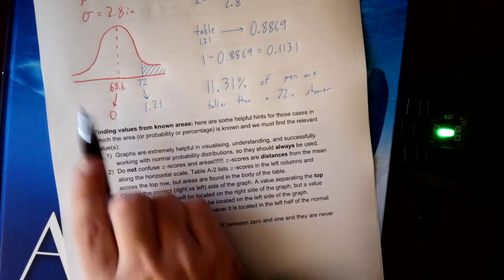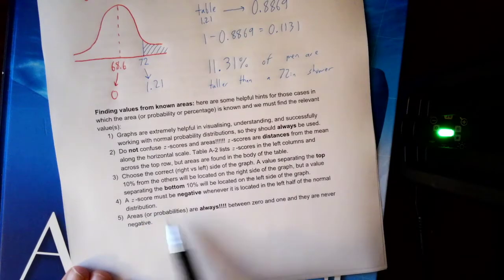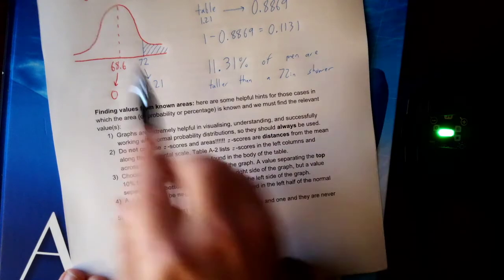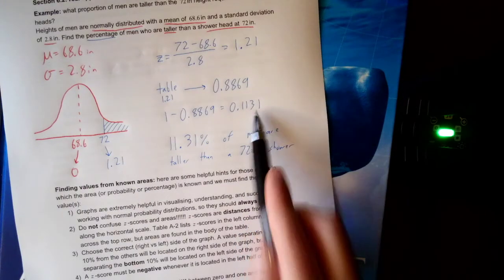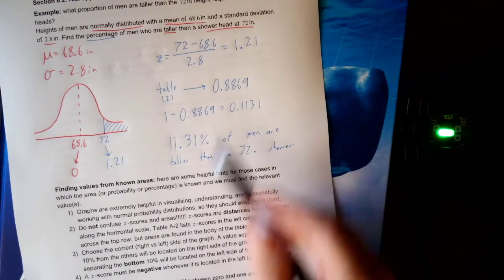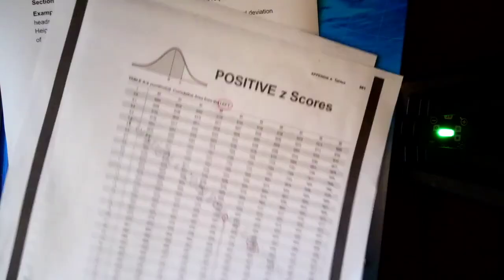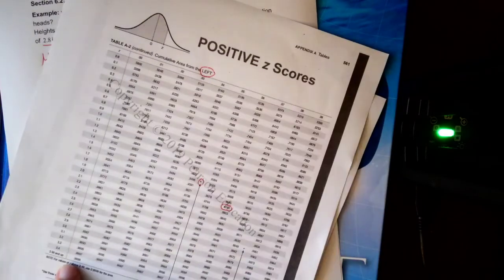If this is 0, all these numbers over here are negative. And areas or probabilities are always between 0 and 1. Right? 0.1131, right? They're always between 0 and 1. All the numbers in the guts of the table are between 0 and 1, right? The smallest is 0.0001, and the biggest is 0.9999.